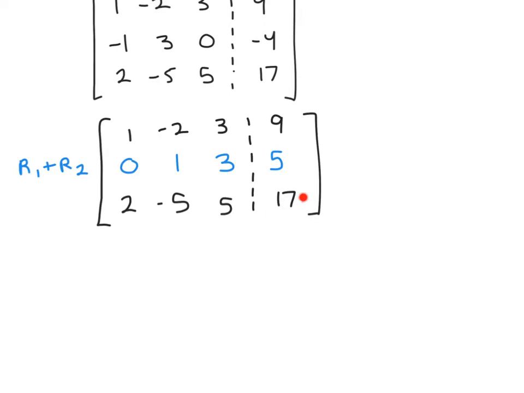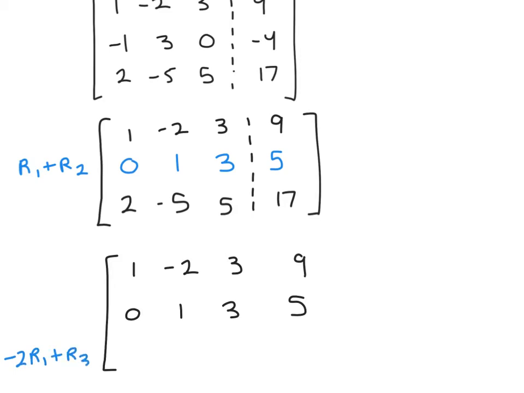So now I need to go down to my third row. First thing I'm going to need to focus on is turning this into a 0. Well, I see that if I add this row to row 1 multiplied by -2, I have a -2 and a +2, this will become a 0. So my first two rows will stay the same. And this operation will be -2 times R1, and then I'm going to add it to R3.